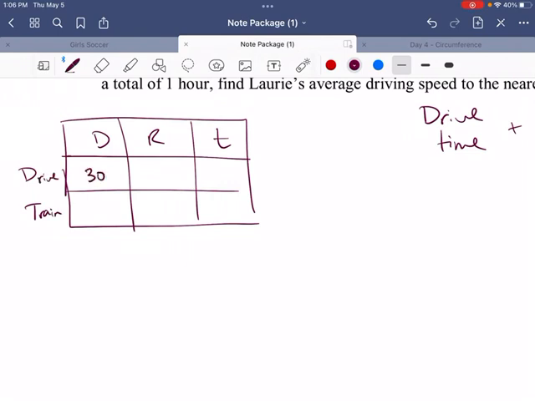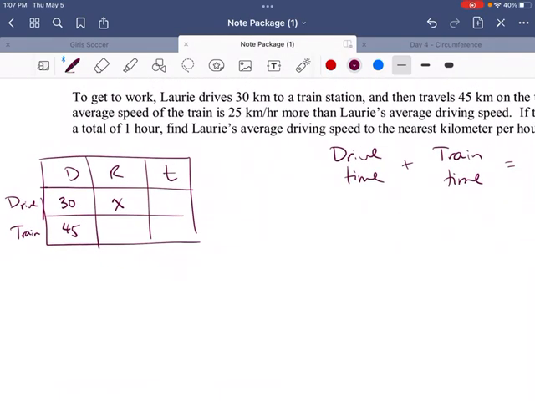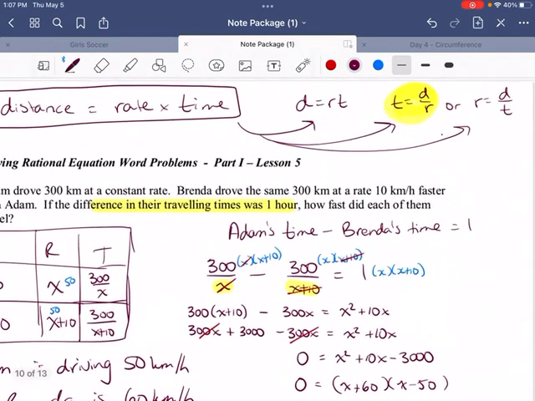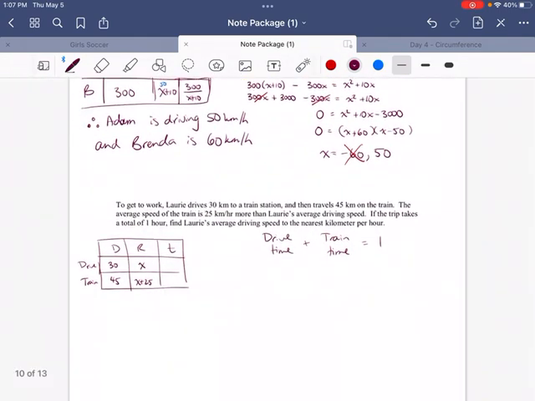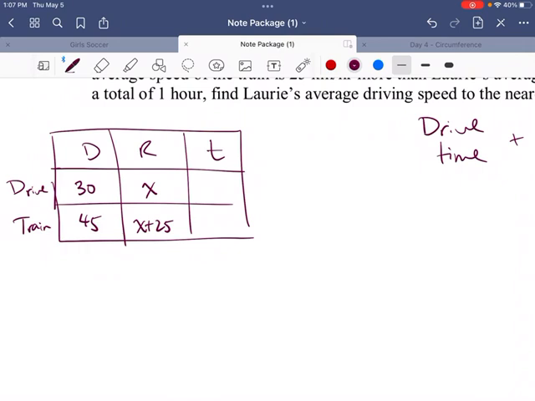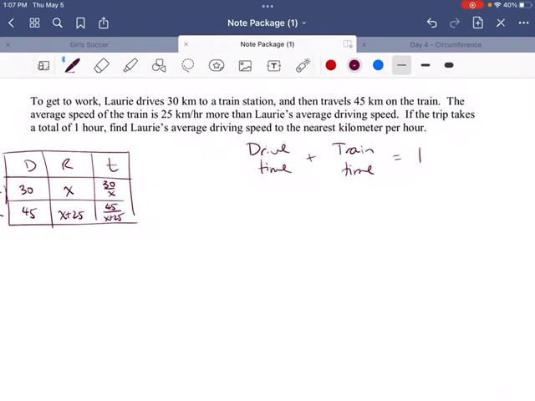The driving rate is x, we don't know what it is, and the train rate is x plus 25. So the time, using that same rearranging of the distance, rate, time formula, will be 30 divided by x, and for the train, 45 divided by x plus 25. Let's take these two expressions for time and add them together.